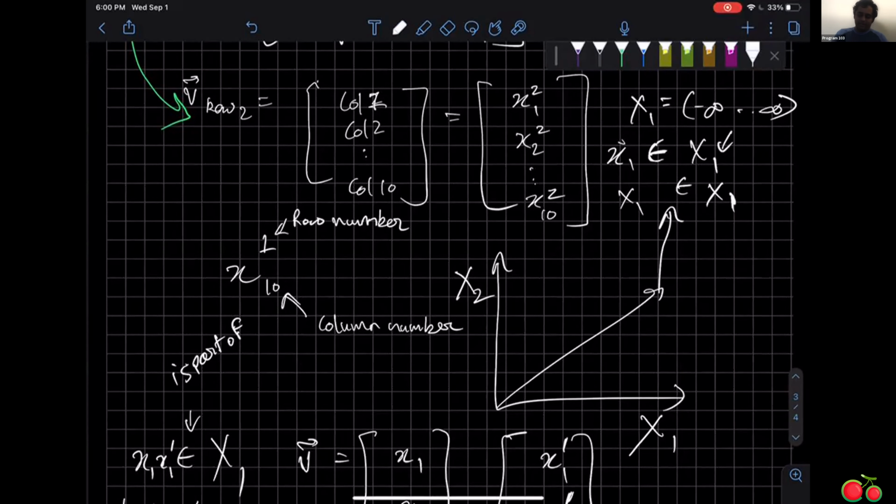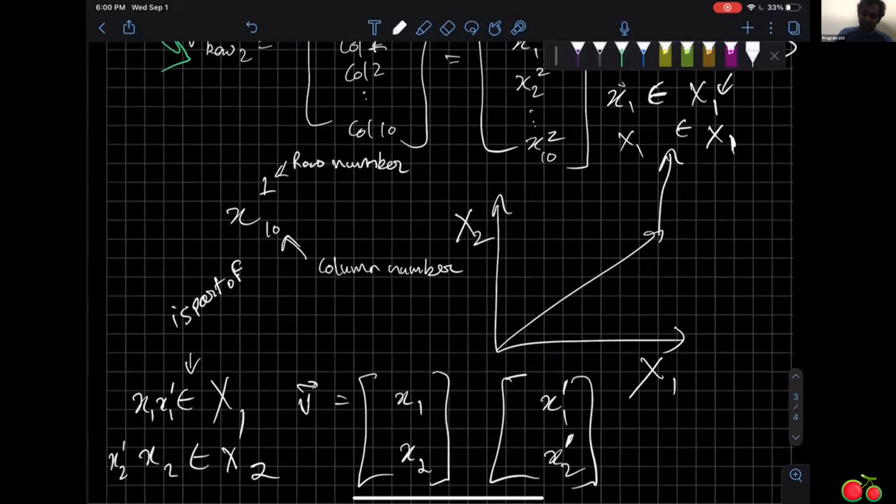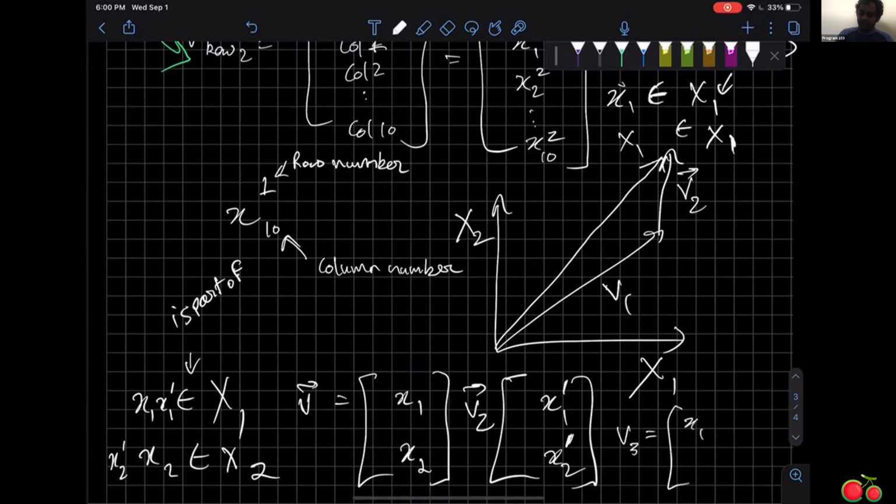So if you have this vector v1 and this vector v2, you're going to have a third vector, v3, which is going to be x1 plus x1 prime, x2 plus x2 prime. What you're doing is adding the x components.